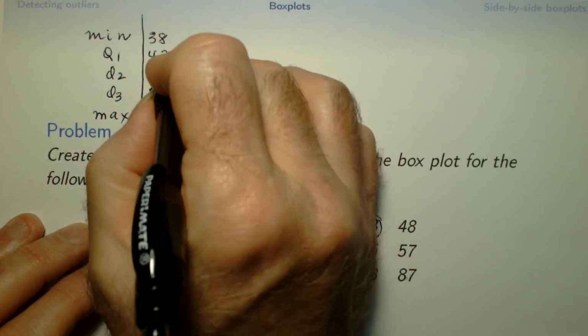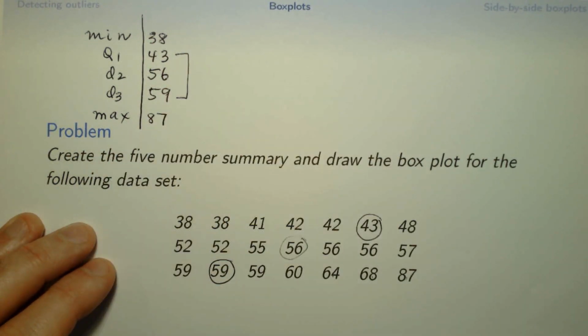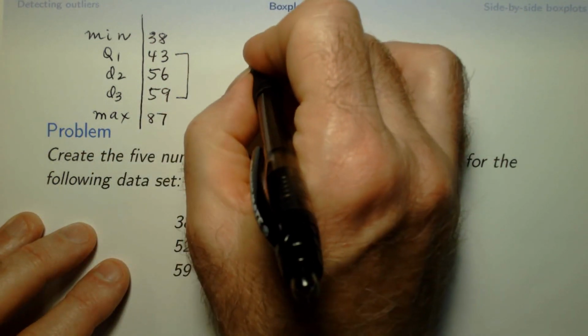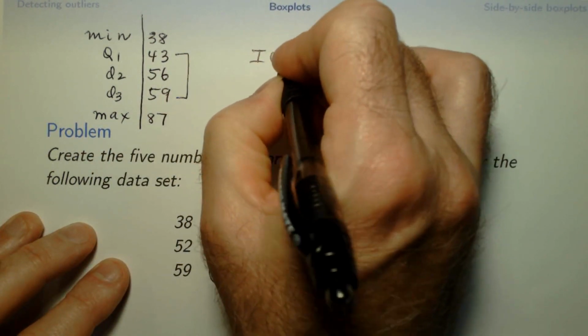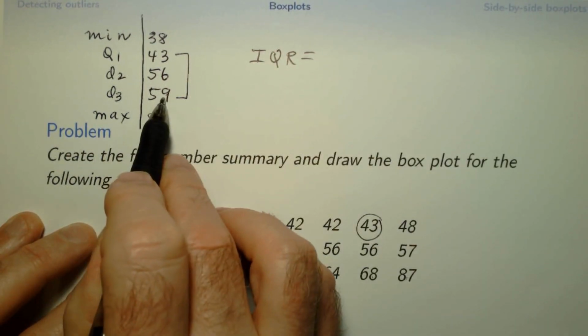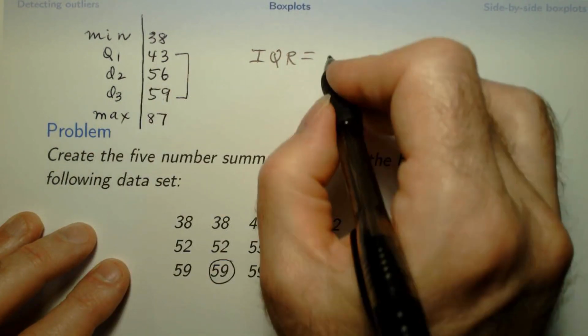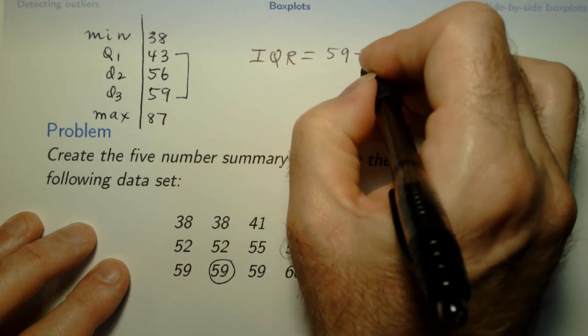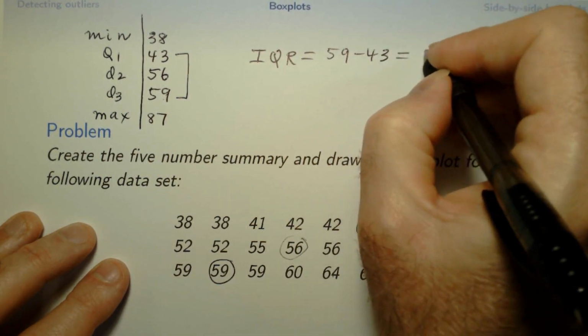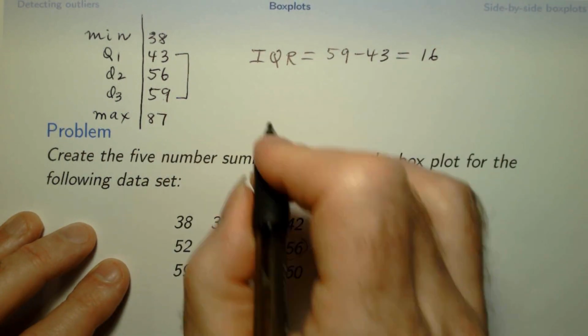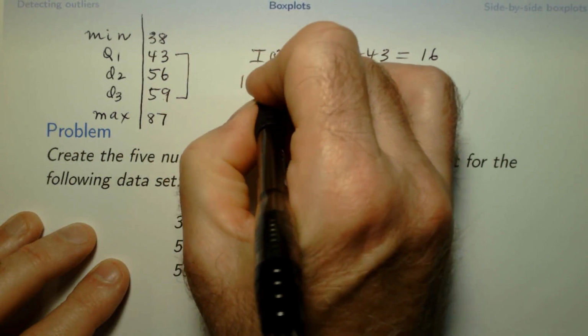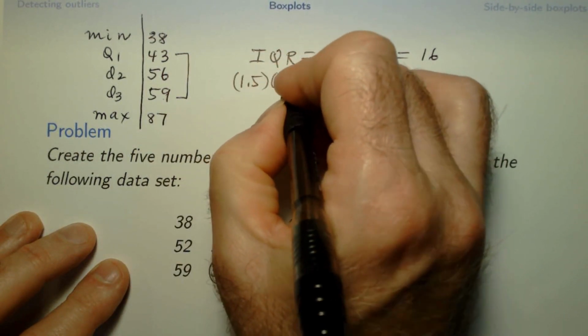And so we begin by computing the IQR, the interquartile range. Let's work that out. The IQR is going to be 59 minus 43, which is 16. I'm going to fatten that up by a factor of 1.5.